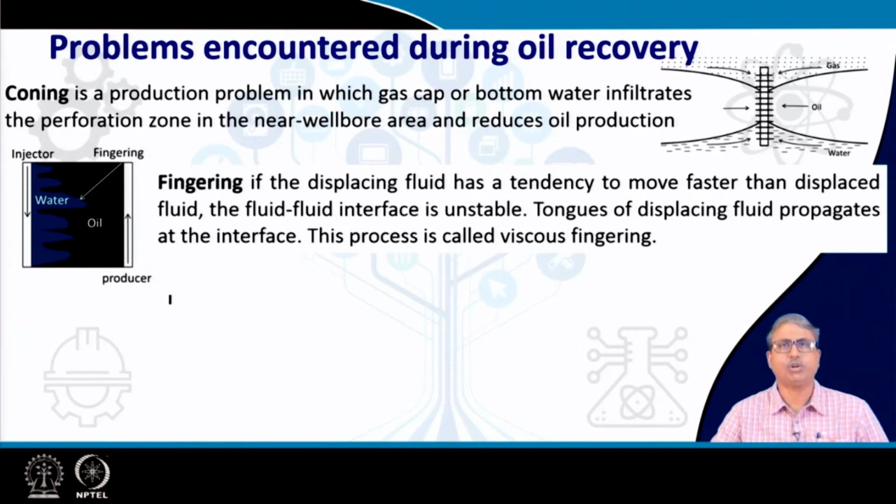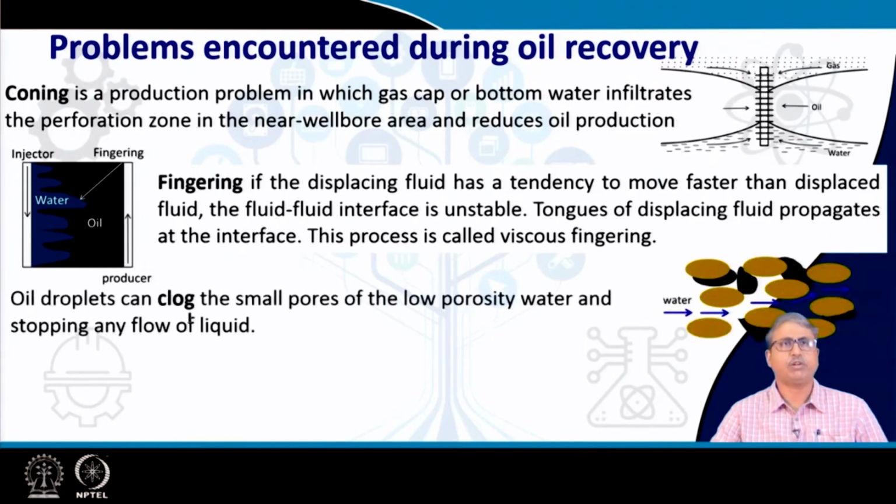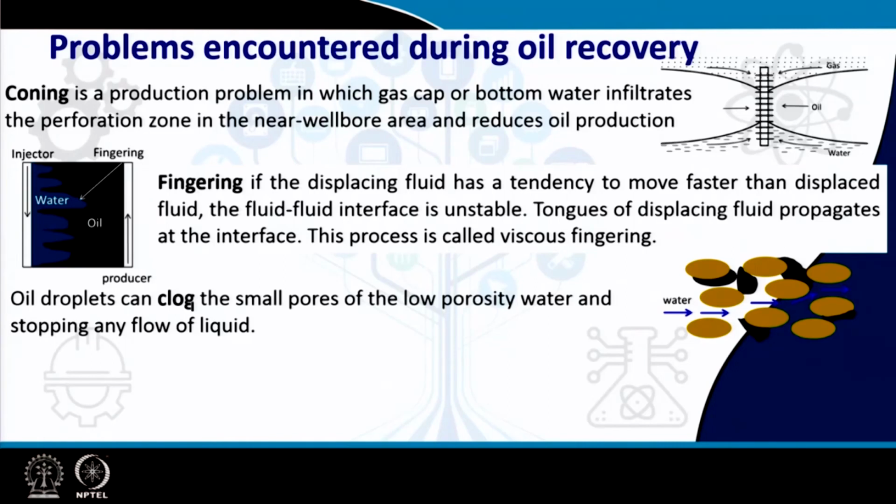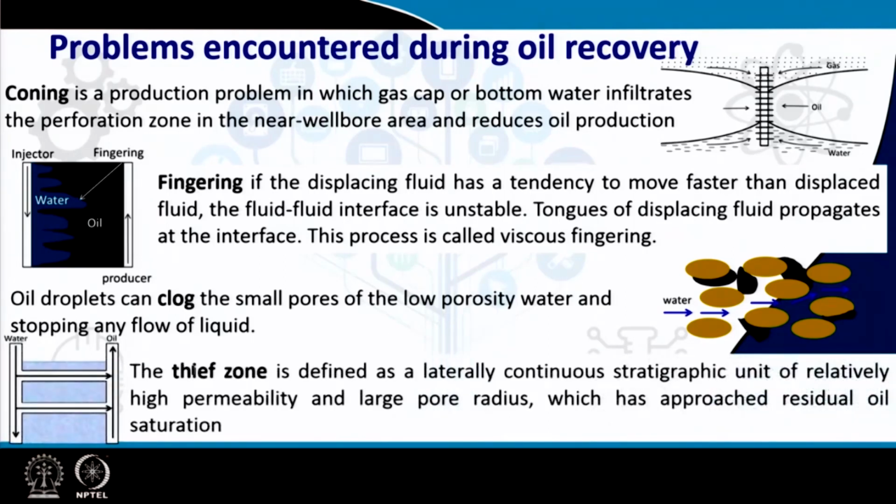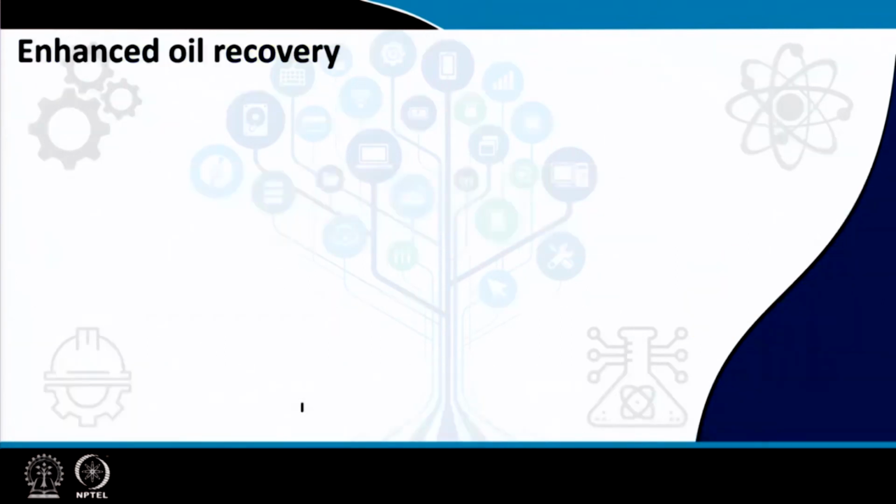This process is called viscous fingering. There is also clogging, in which oil droplets can clog the small pores in the low porosity water and stop any flow of the liquid, or there could be formation of a thief zone, which is defined as a laterally continuous stratigraphic unit of relatively high permeability and large pore radius, which has approached residual oil saturation.